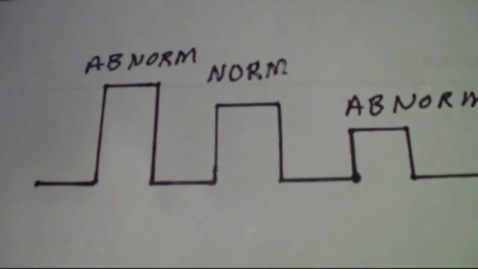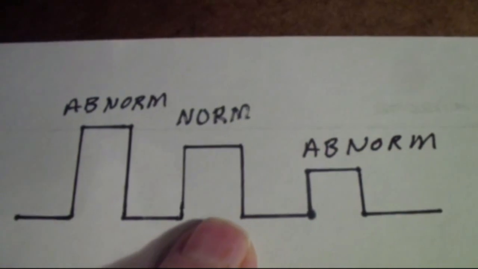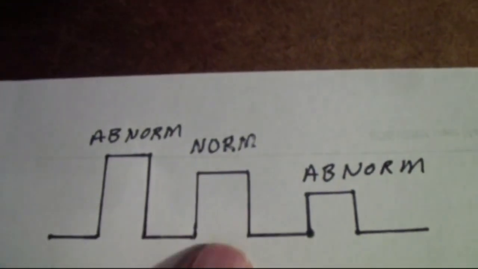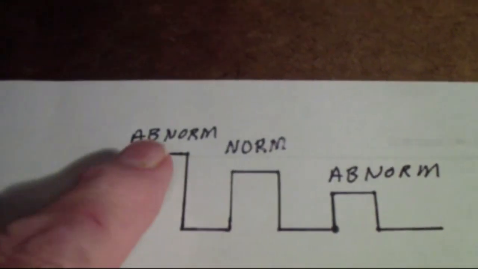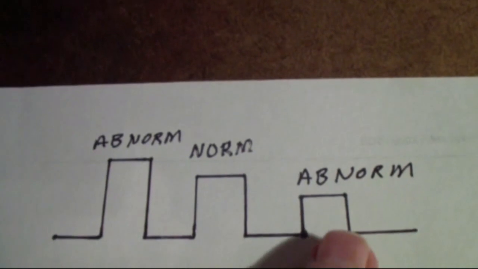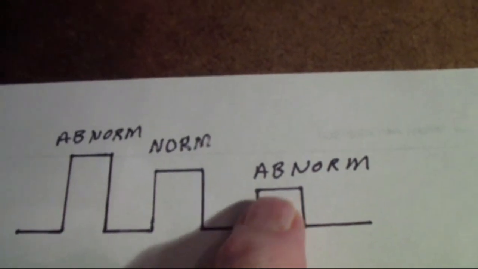If you have a normal pulse, like a clock or a data signal or whatever, and you know what its normal height should be, anything that's very much above that height or anything very much below are considered abnormal, and you look for those.